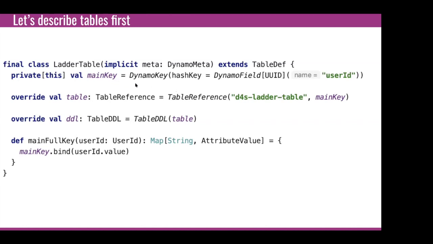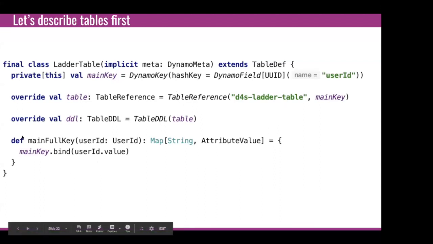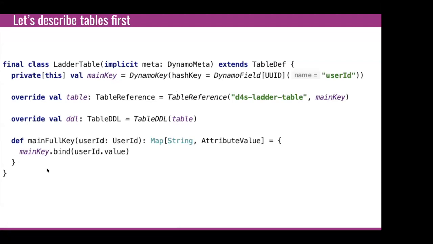We describe the main key with the DynamoKey data type, and specify that this field has UUID type. I also use this mainFullKey function here, but this is not a mandatory thing. This is just a matter of taste. Also, I want you to notice that we pass an implicit DynamoMeta here that is required by the table DDL constructor. It has all the information about provisioning, throughput, billing mode, and stuff like that.